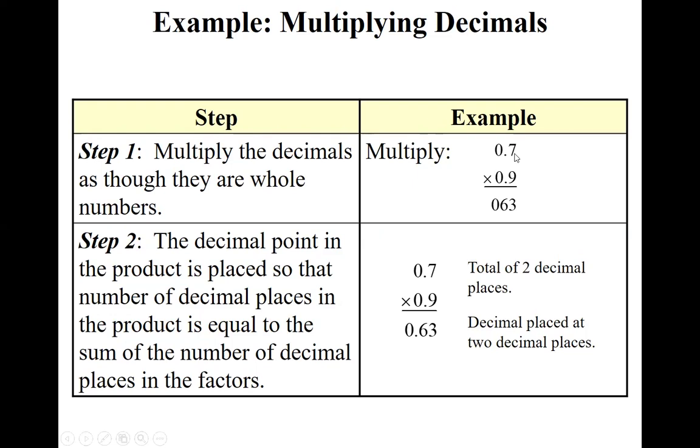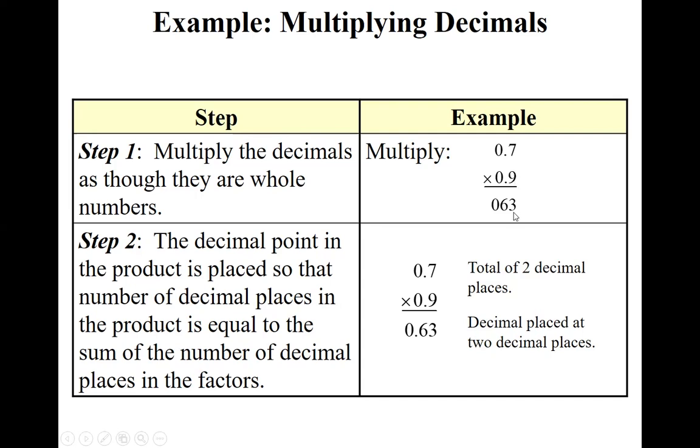So for example, 0.7 times 0.9, the decimal points just happened to line up. We didn't do it on purpose. That's okay. This is the same as 9 times 7, so that's 63. And there are a total of 2 decimal places in the problem.